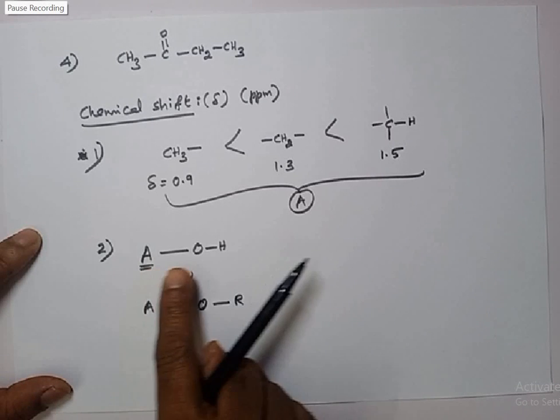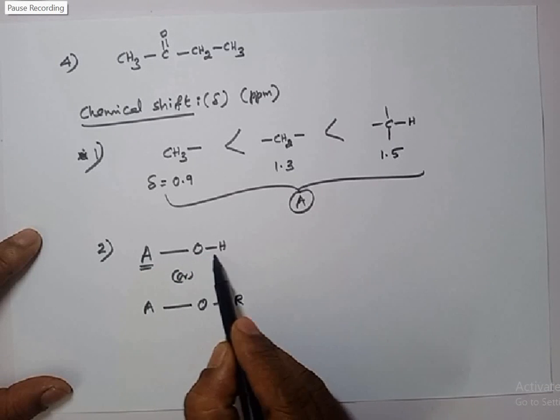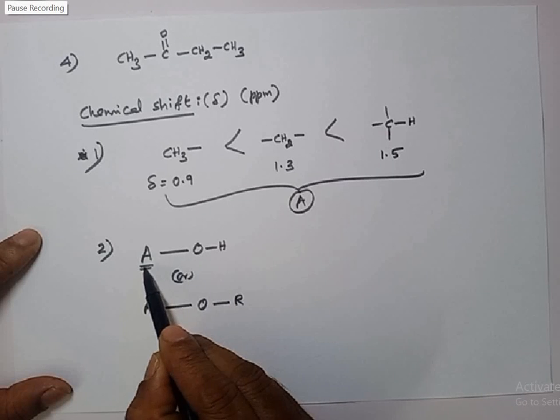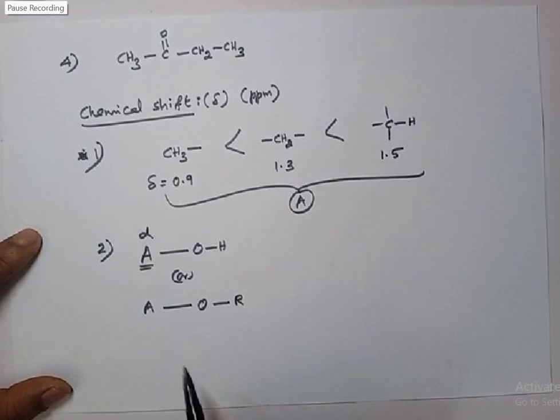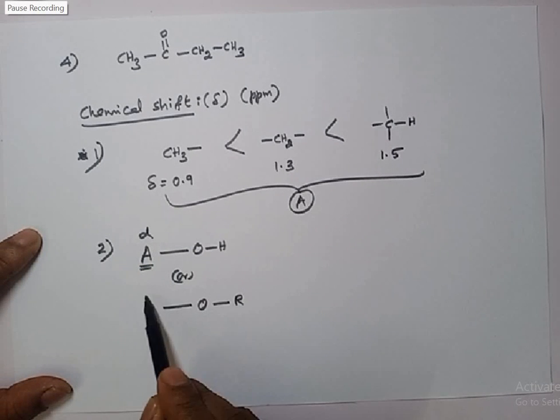If the A group is connected to alcohol, see, OH group directly connected to this A, so this group is in alpha position. Okay, this is ether and this group is in alpha position.